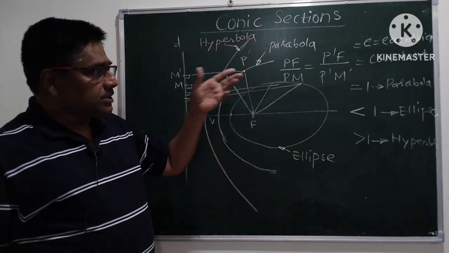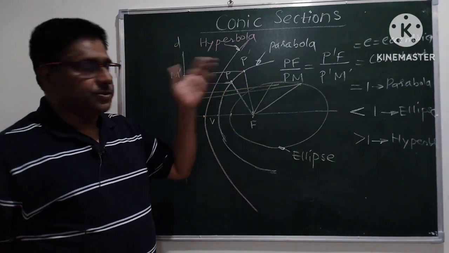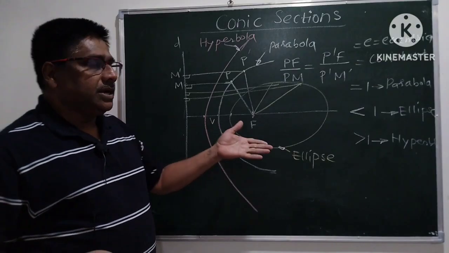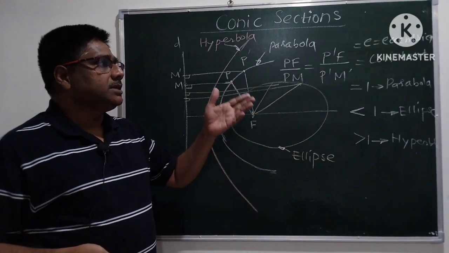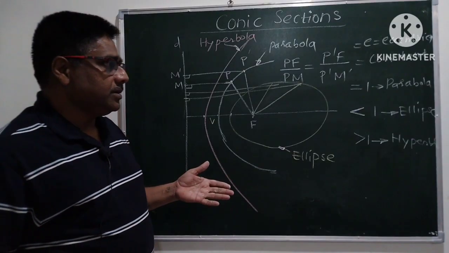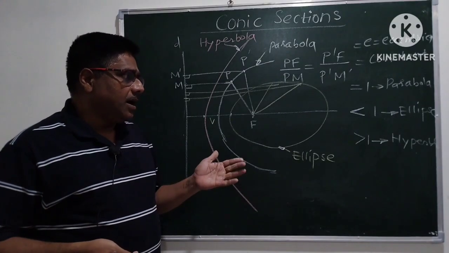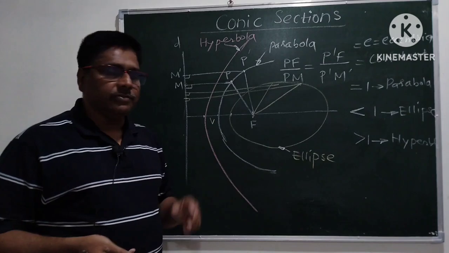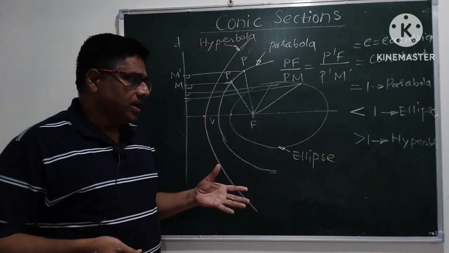Depending upon the constant value of that ratio, we get different curves. If that constant is 1, we get a parabola. If it is less than 1, we get an ellipse. And if it is greater than 1, we get a hyperbola.